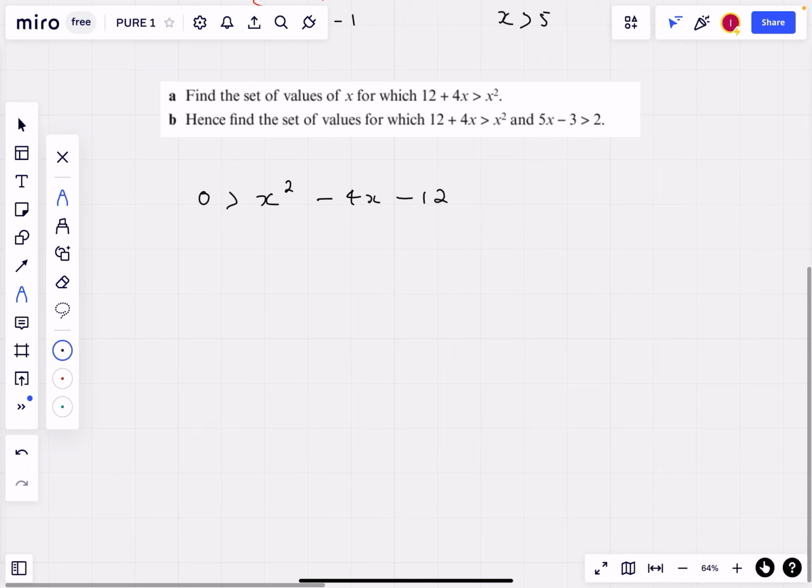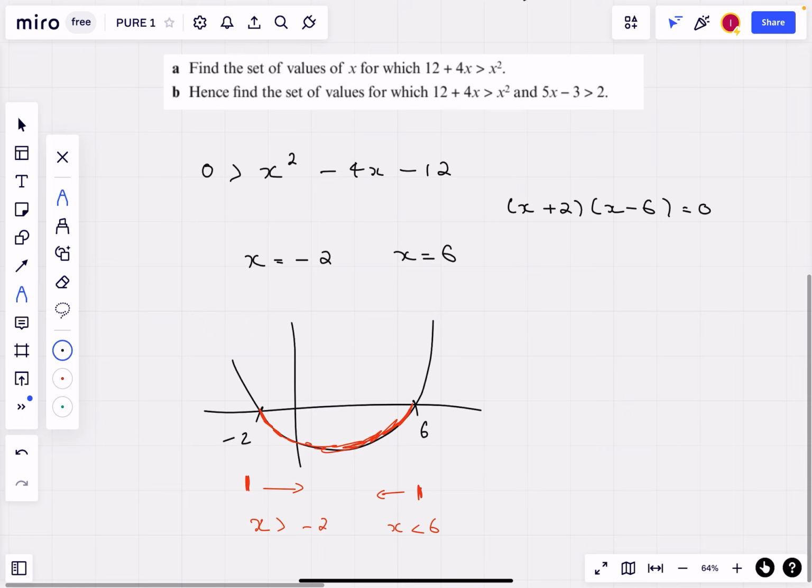So we're looking at all of this, which means from minus 2 above and 6 below. So x is greater than minus 2, x is less than 6. We can put them together because notice that the arrows are going towards each other. So minus 2 less than x less than 6. Does that make sense? I hope so.